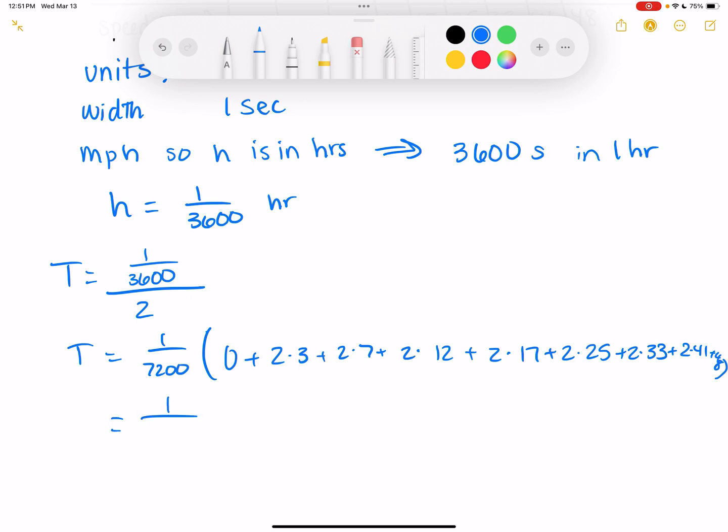So that's 6 plus 14 plus 24 plus 34 plus 50 plus 66 plus 82 plus 48, I think.